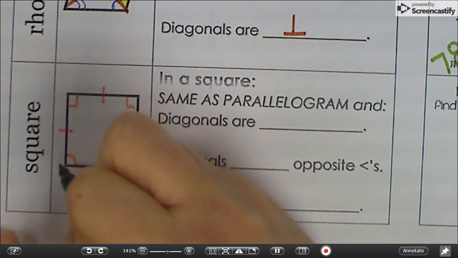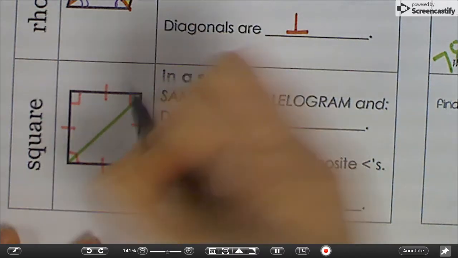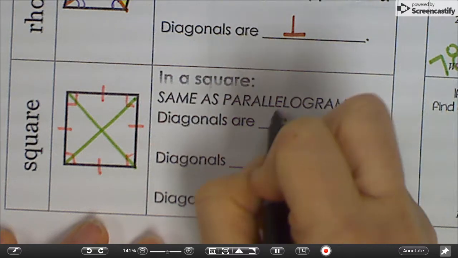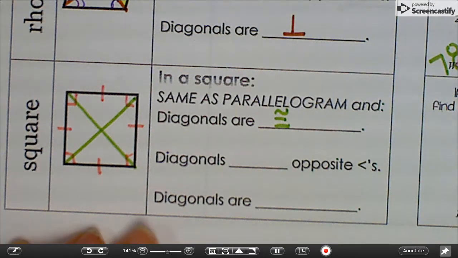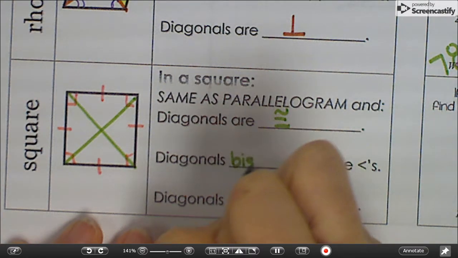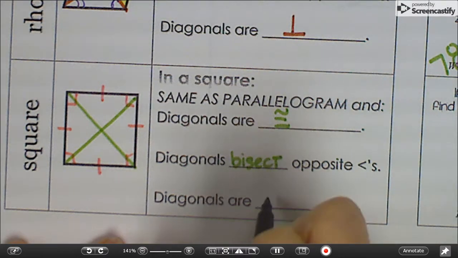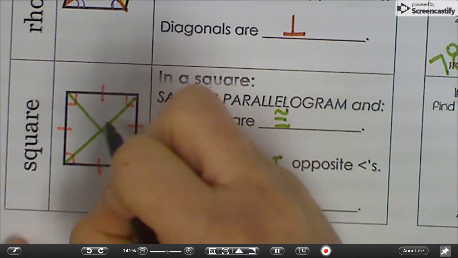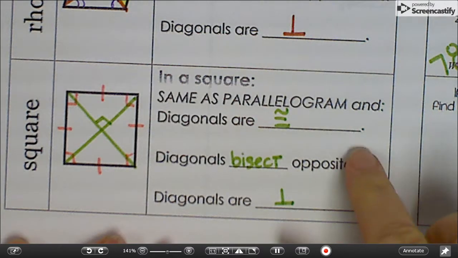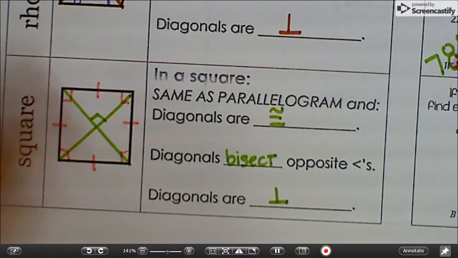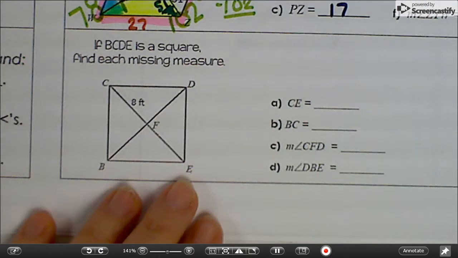Diagonals are congruent, just like in a rectangle. Diagonals bisect opposite angles, just like in a rectangle. And diagonals are perpendicular, just like in a rhombus. And that was a rhombus too. I just misspoke. All right, so let's go look at this example, and then we'll do some simpler ones in a sec.